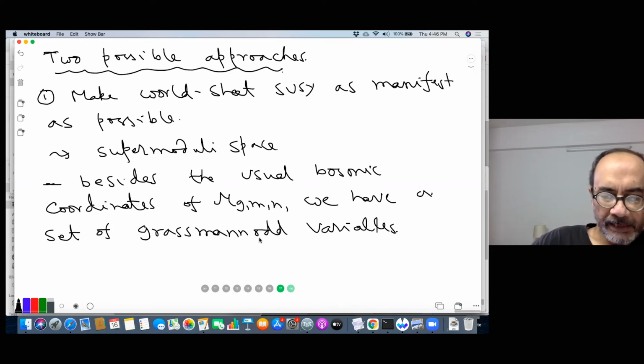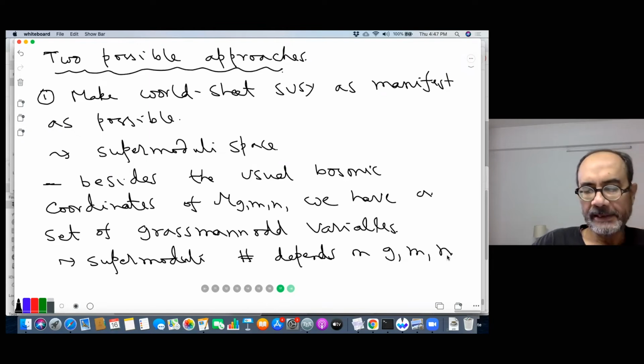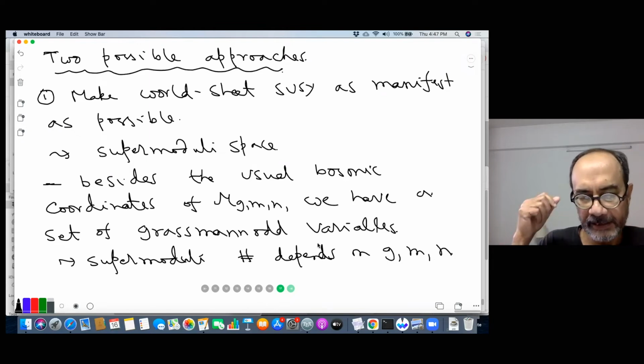So these are what are called the supermoduli. And the number depends on g, m, and n. We'll see this number indirectly later.